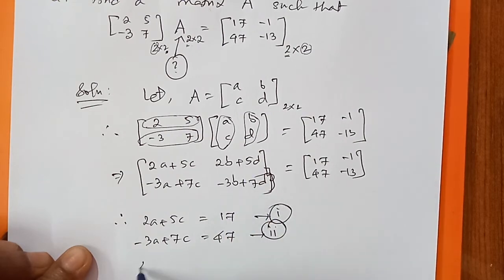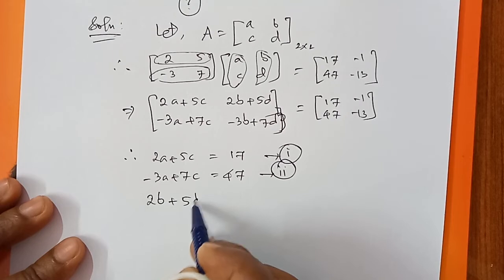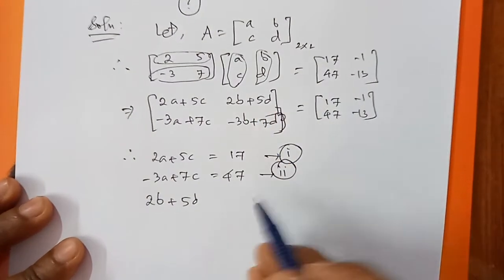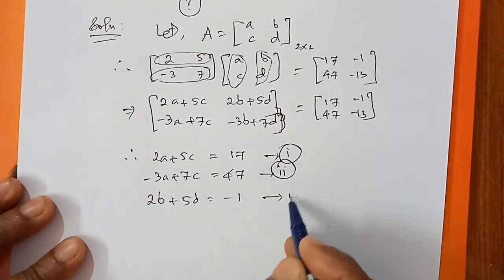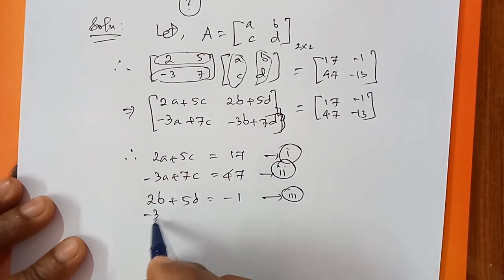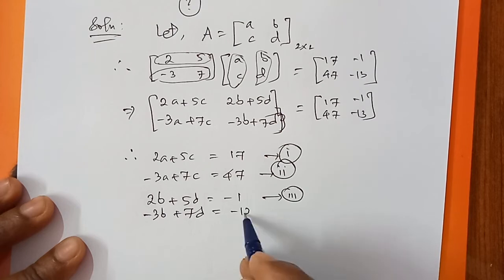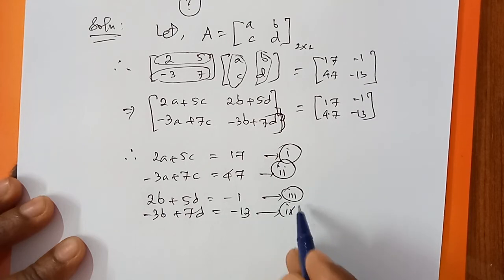Then 2b plus 5d equals minus 1, equation number 3. And then minus 3b plus 7d equals minus 13, equation number 4.